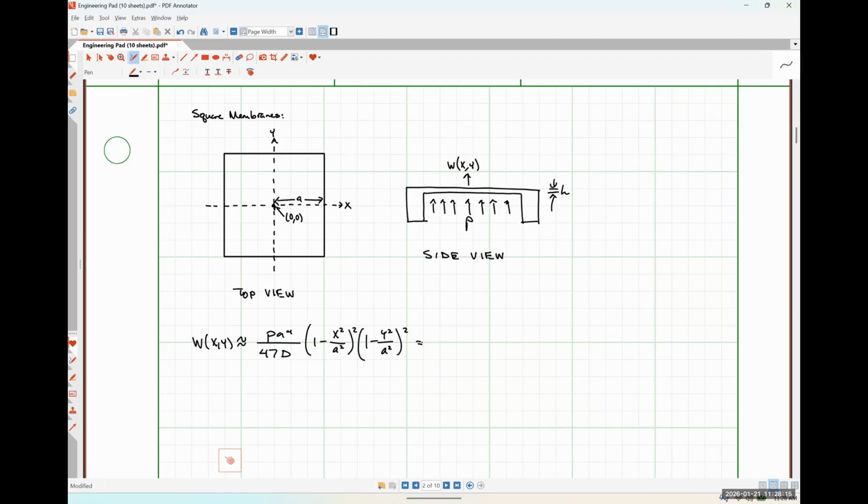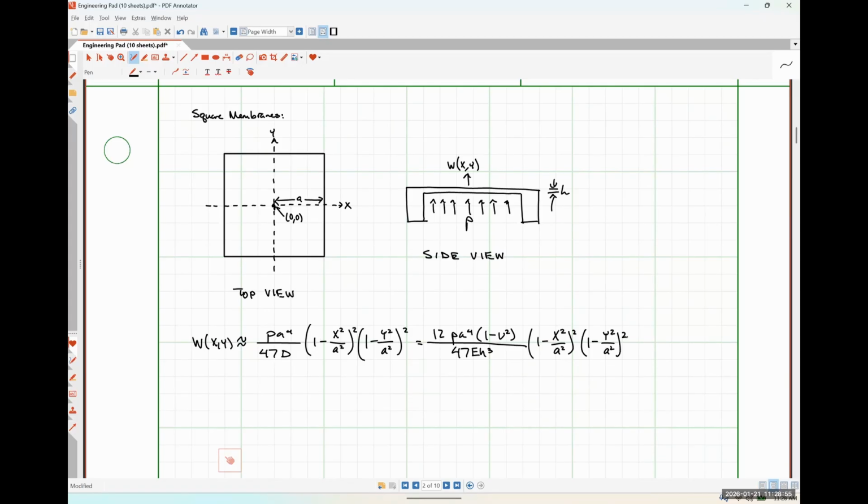And then substituting in for D, which is the same thing because it's based on the material, this is going to look like 12 PA to the fourth times 1 minus nu squared over 47 EH cubed times 1 minus x squared over a squared, squared, 1 minus y squared over a squared, squared.